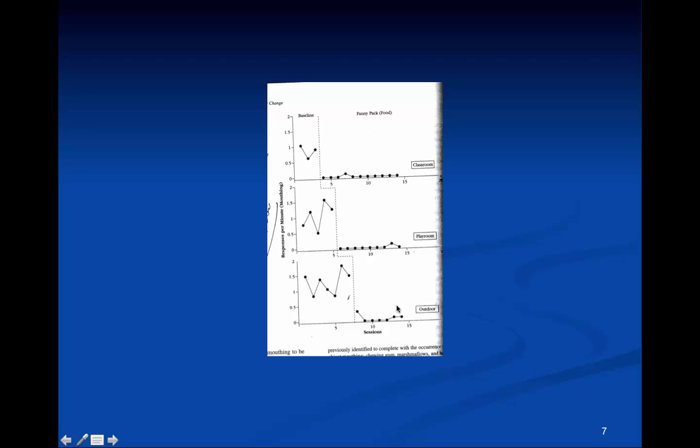Remember, when we talked about the A-B design, the problem with that is there's a lot of other things that could have happened. So, for example, there's a lot of other things that could have happened after this baseline that resulted in a decrease. It could have been the intervention, or it could have been that there was a new teacher in the classroom, or that the student had to start taking the bus in the morning instead of getting dropped off by mom.